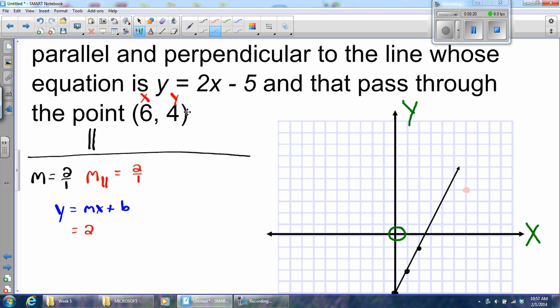I'm going to put a 4 in y's place, put a 6 in the place of x, and I'm going to solve for b. So 4 is going to equal 12 plus b. So then b must equal negative 8. The equation of the line parallel will be y equals 2x minus 8.